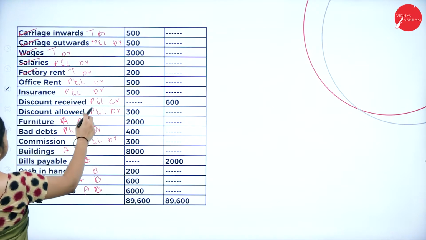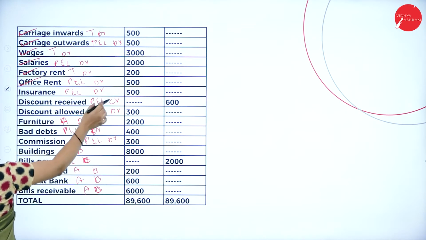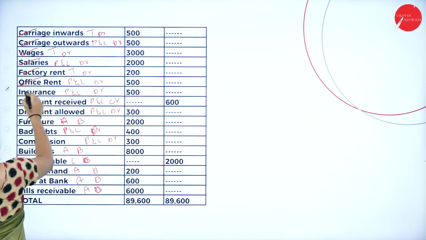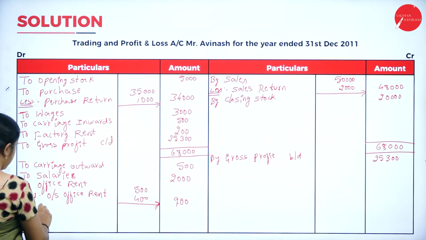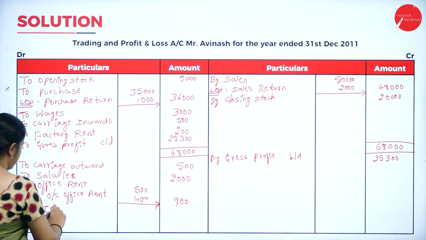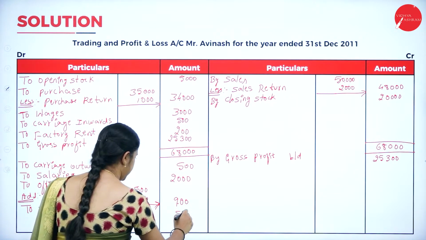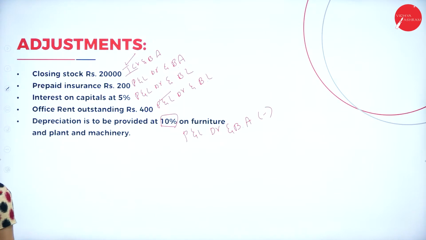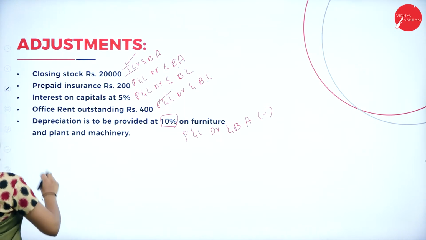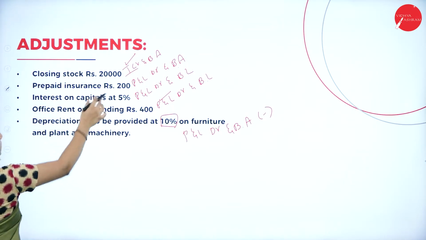Now we finished this one. Next, insurance 500. Right? To insurance 500. For insurance we have adjustment. So we need to deduct prepaid insurance.